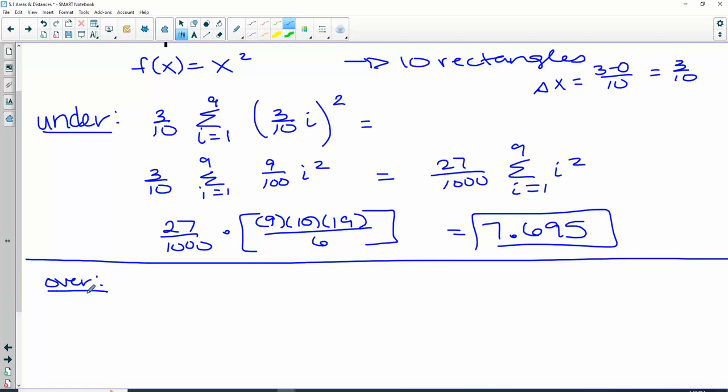I did not block enough space. The rectangles all still have a width of 3 tenths. This one started at our first rectangle, not at 0, so we end at 10. And that's the only thing that changes.